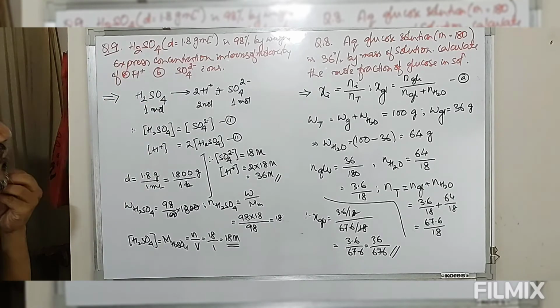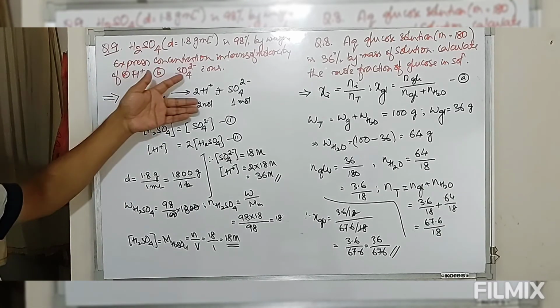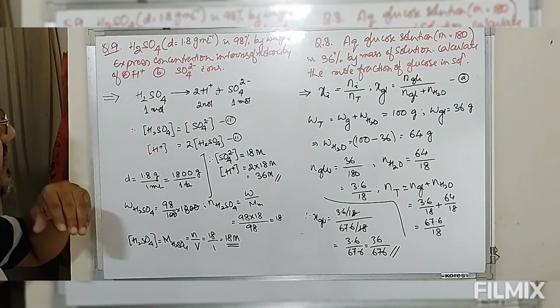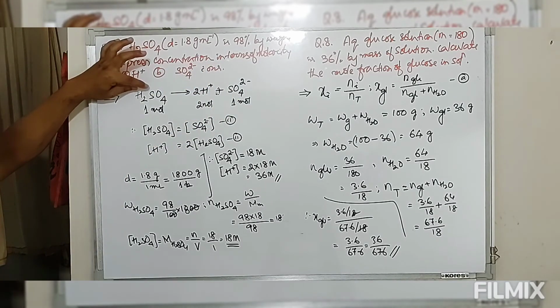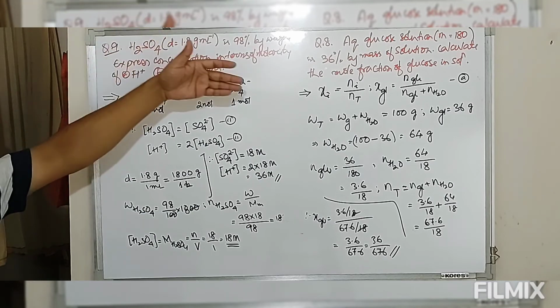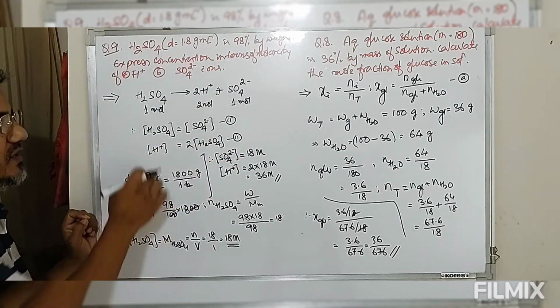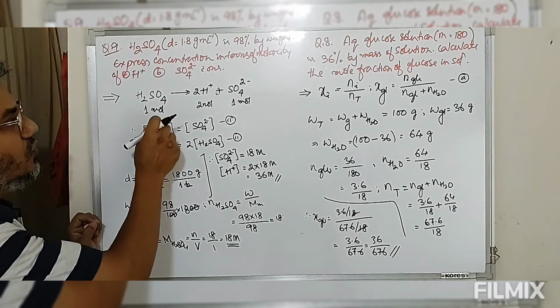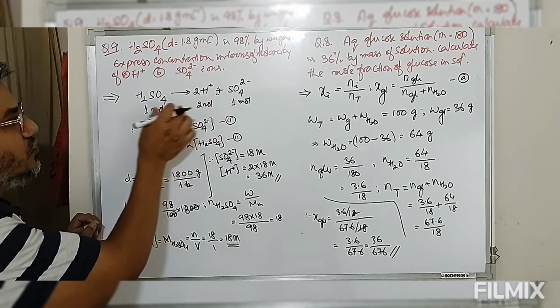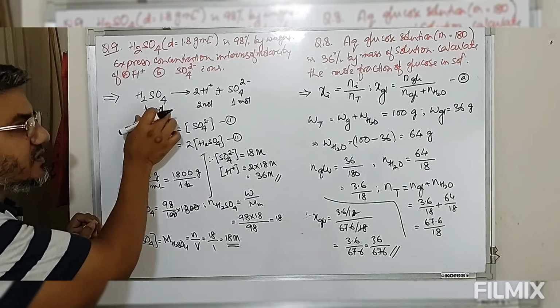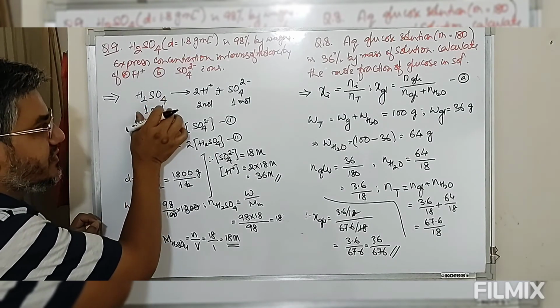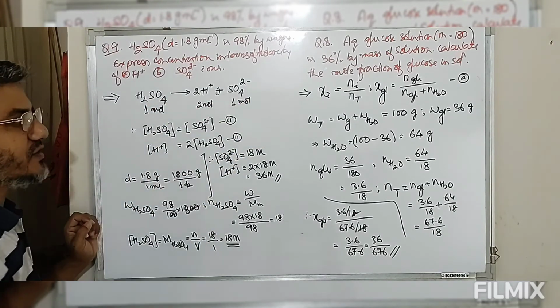So first, we are relating the quantity of H plus ion and sulfate ion with the quantity of sulfuric acid, assuming it is undergoing 100% dissociation. So we have this relationship. This means the total concentration of H plus ion will be 2 times the concentration of sulfuric acid, and the concentration of sulfuric acid will be identical to the concentration of sulfate.